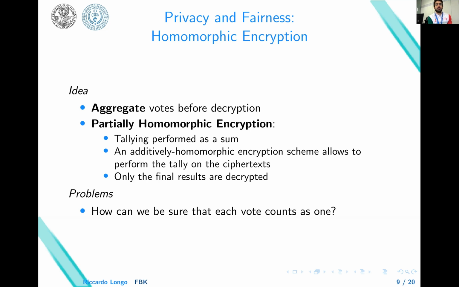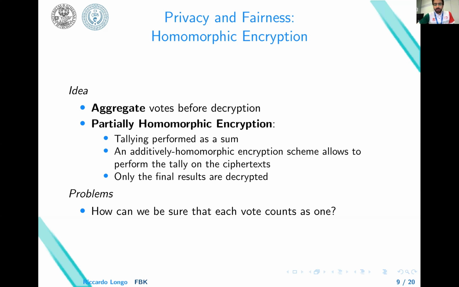We do not have to decrypt every single vote to obtain the results, and we do not have to publish the decryptions to have some sort of verifiability. The problem is, how can we be sure that each vote counts as one? If anyone can encrypt whatever they want, instead of encrypting one vote, one could encrypt 1,000 votes and magically have the power of voting 1,000 times in one go.